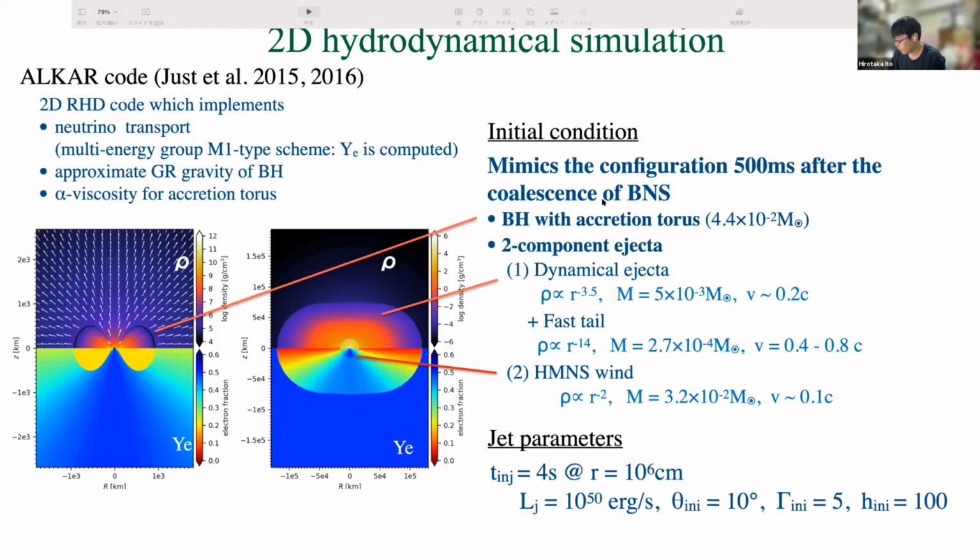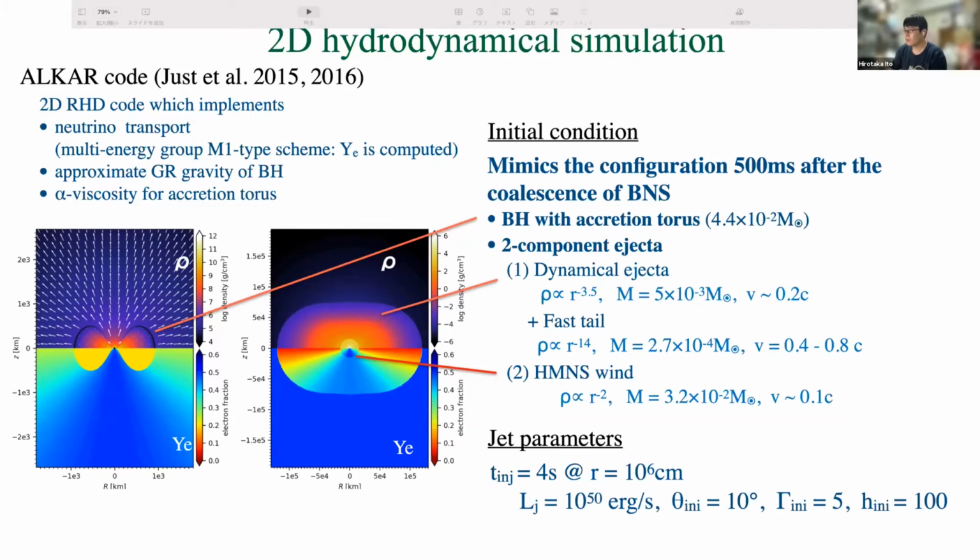As for the initial condition, we consider a black hole torus system at the center, and at the larger distance scale, we consider ejecta components, which are composed of the dynamical ejecta and the hypermassive neutron star wind components. And given the initial conditions, we inject the jet from the inner boundary of the simulation with the parameters given like this.